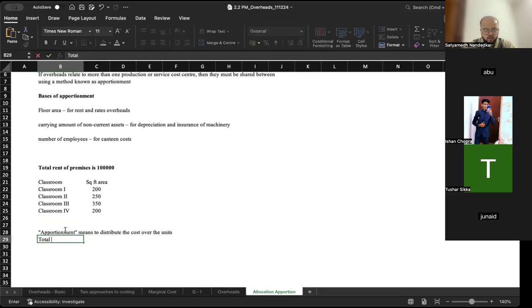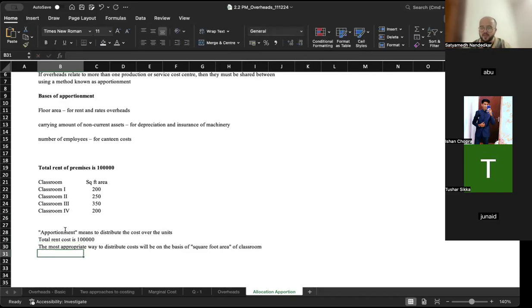Total rent cost is 1 lakh, and the most appropriate way to distribute costs will be on the basis of square foot area of classroom, because rent is the amount that you pay for using the space.